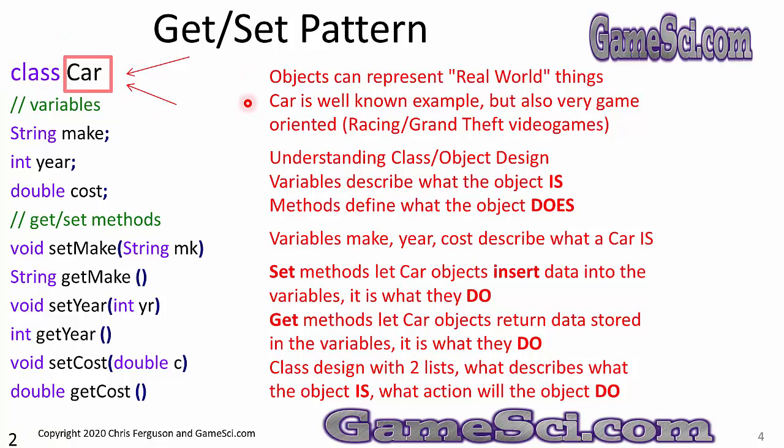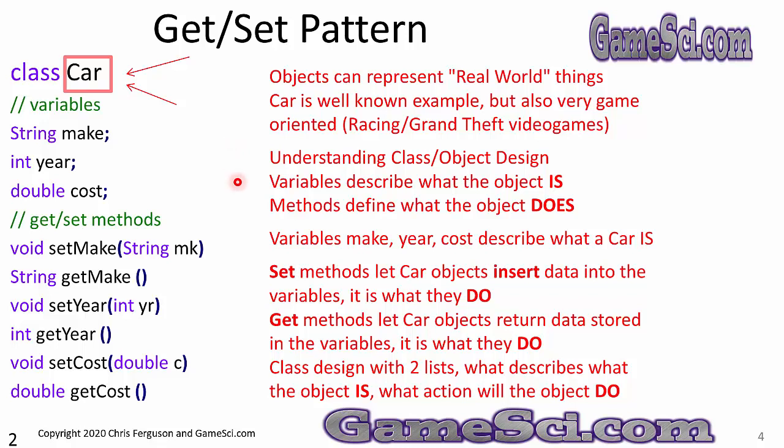We've all driven or ridden in a car. But they also represent a very game-oriented topic, right? If you're talking about a racing or a grand theft type of video game, you're going to have a class Car that you build as part of that video game. So let's think of Car right now as sort of the real-world thing, the thing you drive to school in, and understanding class object design.